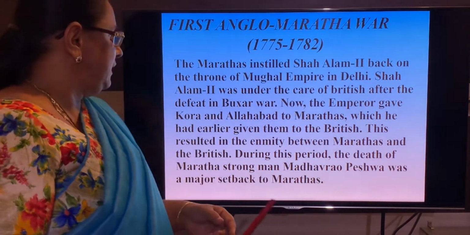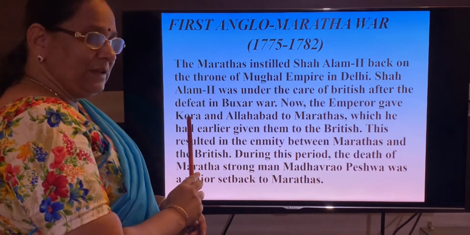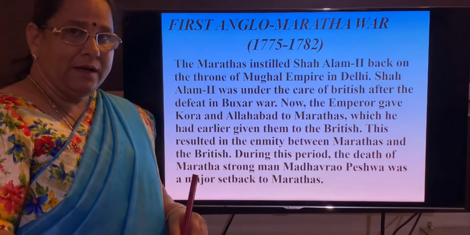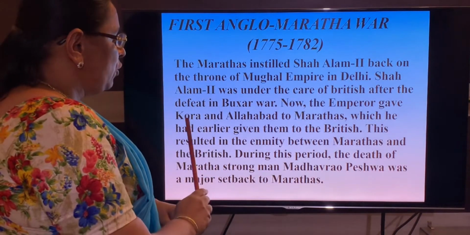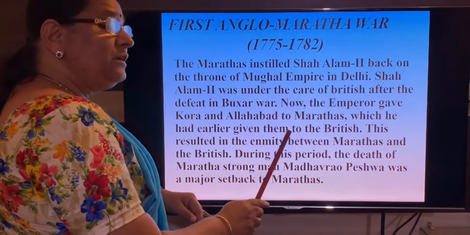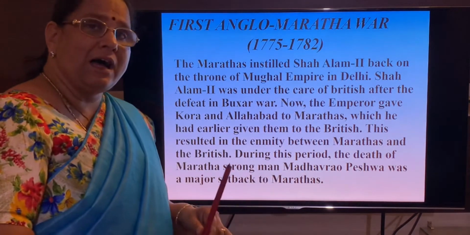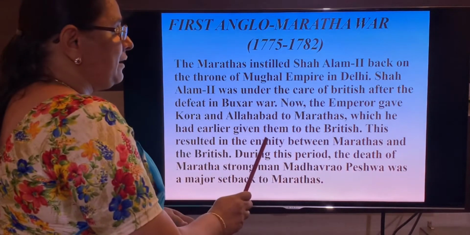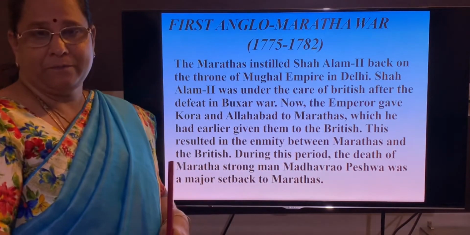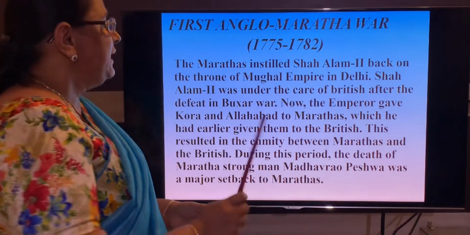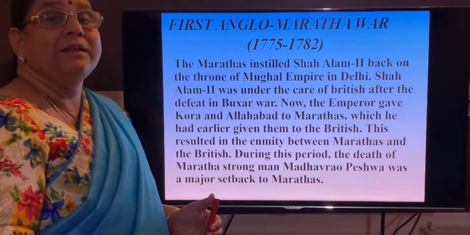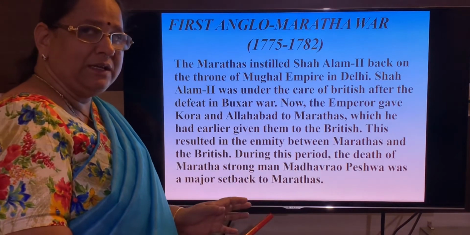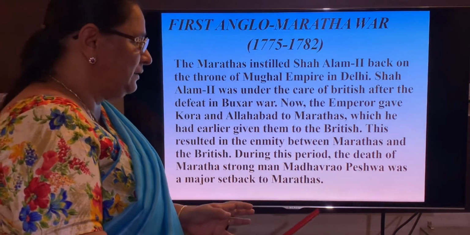But already Kora and Allahabad had been given to the English by Shah Alam. Before this, Shah Alam had given Kora and Allahabad to the British. So due to this, enmity developed between the Marathas and the English.